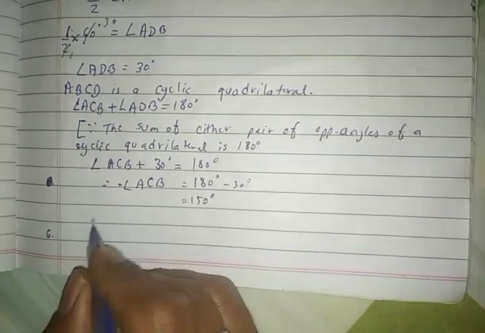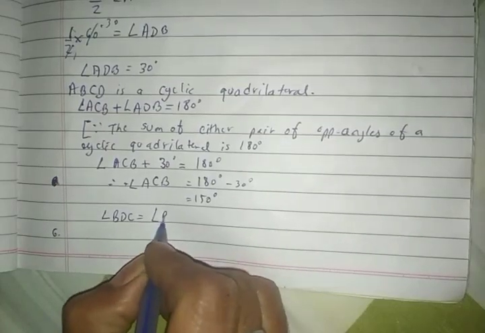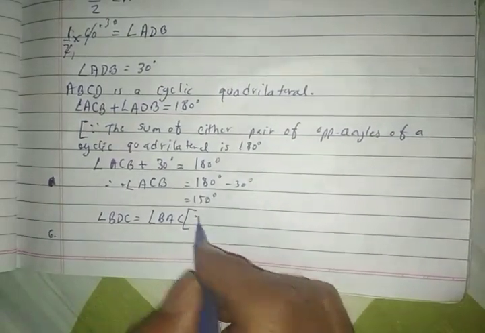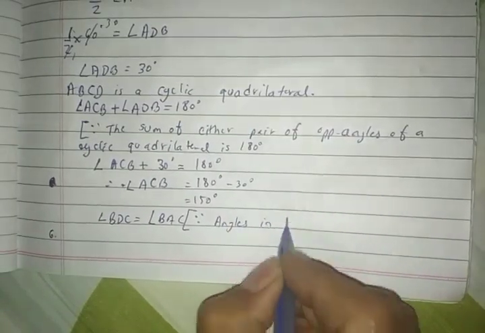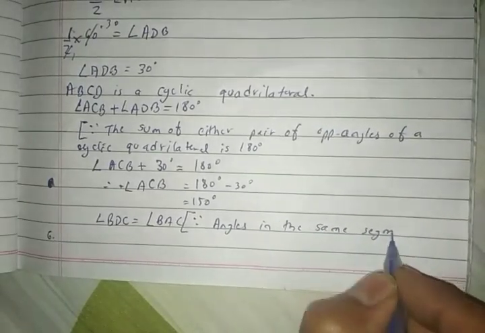Angle BDC is equal to angle BAC. How can we say that these are the same? Because they are angles in the same segment.